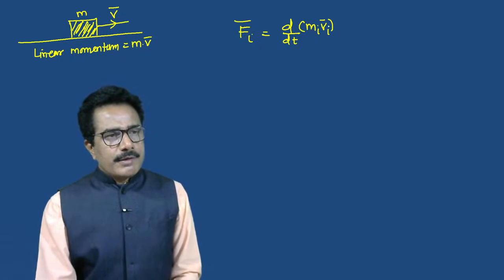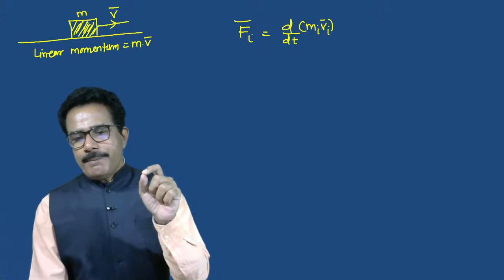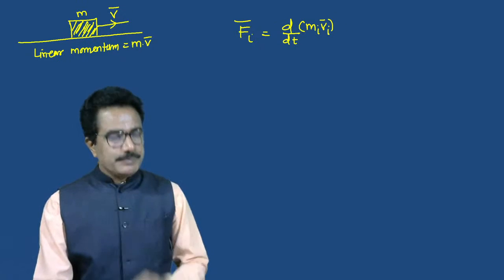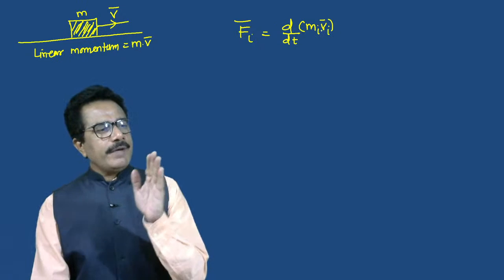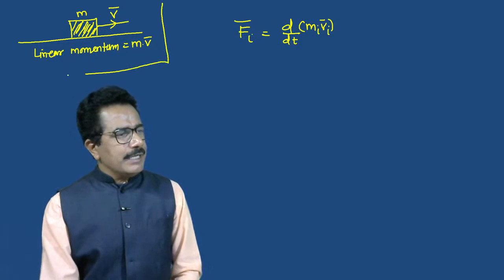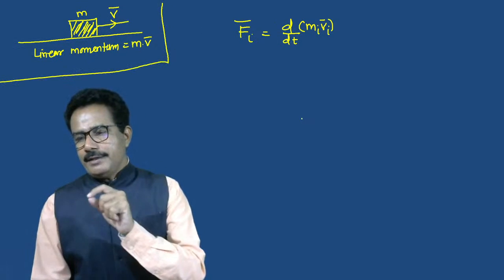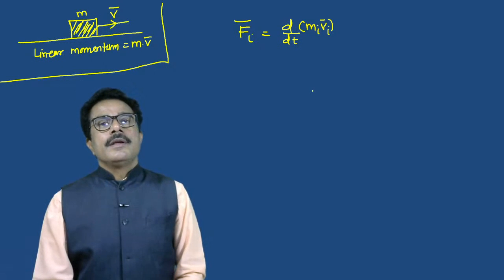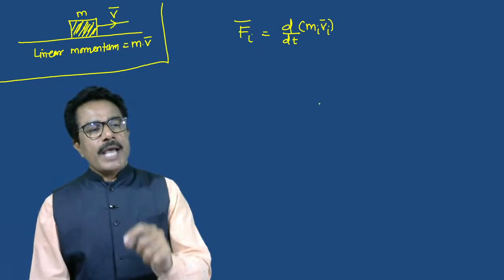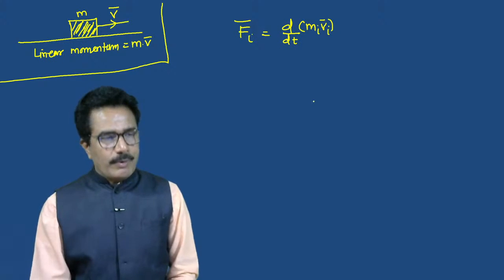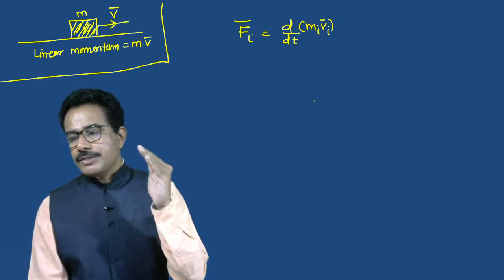So here mi is the mass of the ith particle, vi is the velocity of the ith particle, then its product, mi into vi, is equal to the linear momentum, which is denoted by, suppose, p bar.